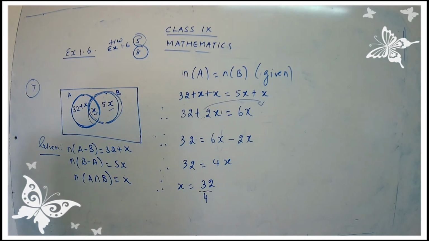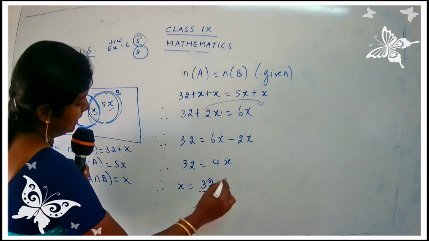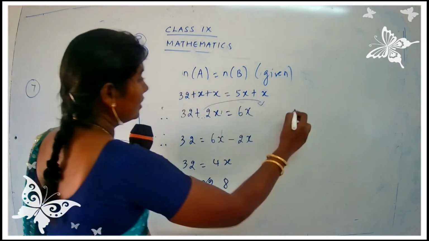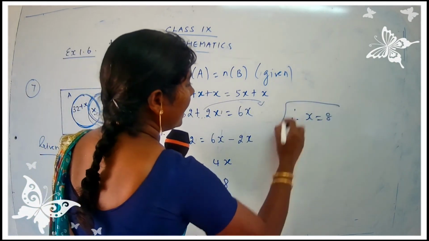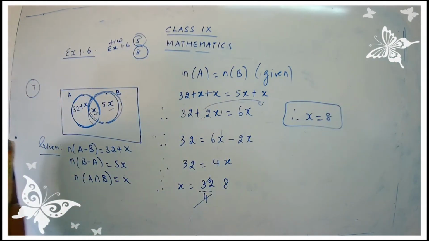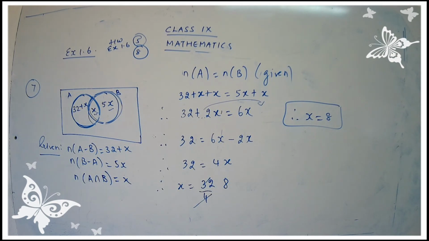Yes, it's 8. 4 ones are, 4 8s are. Therefore, write down here, therefore x is equal to 8. Highlight your answer. X is equal to 8. Always you have to highlight your answer using a box. You can just draw a box over there. So x is equal to 8.